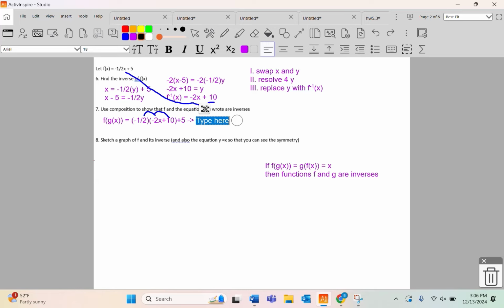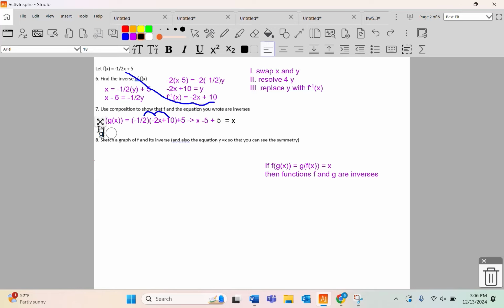So a negative 1/2 times a negative 2x is just x. And I have the minus 5, and I don't need the parentheses anymore because I used the distributive property, and I have the plus 5 on the outside. I swear I'm trying to change. Is that it? Plus 5 is left on the outside, and I clean that up and I get x.